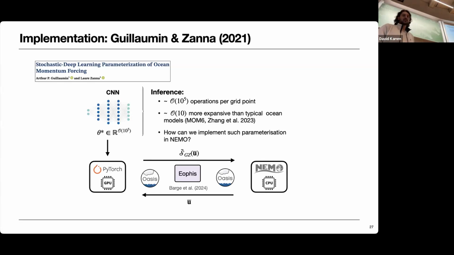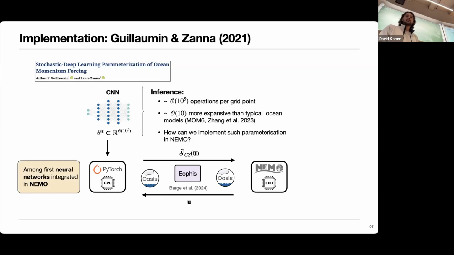So it's a package developed by Alexis Barge in Grenoble, who used the OASIS coupler, so the coupler of NEMO to the atmospheric model, the sea ice model, etc., to just pass the velocity fields and the separate fluxes to the neural network to perform the inference. And this was among the first integration of a neural network into NEMO, so quite a win there.